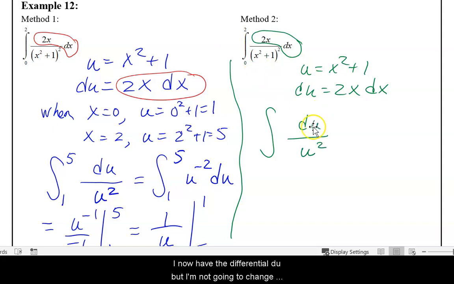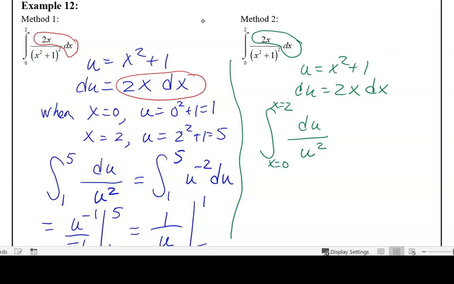I now have the differential du, but I'm not going to change my limits of integration. I intend to go back to x, so why change? That will let me keep these as x equals 0 and x equals 2. The x equals is no longer optional because these do not match the differential. If you don't write x equals, you're saying that the 0 and 2 are u values, and they're not.